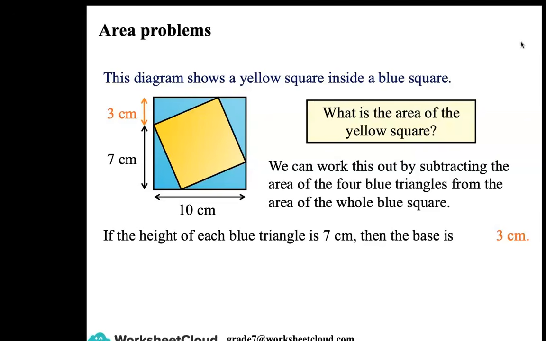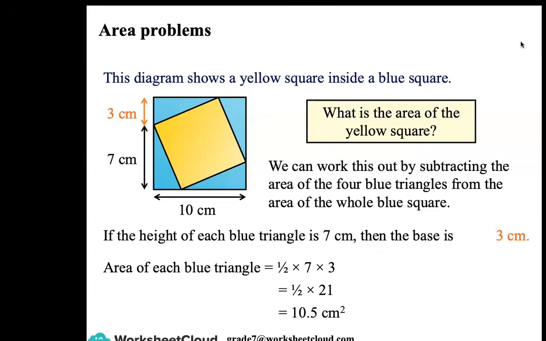And if we know the base and the height of each triangle, and if each triangle is going to be identical, then we can work out the area of one blue triangle, which we know the area of a triangle is half base times height. So 7 times 3 is 21, and half of 21 is going to be equal to 10.5 centimeters squared. Okay, so just have a look at that and make sure you understand the work that I've done there.